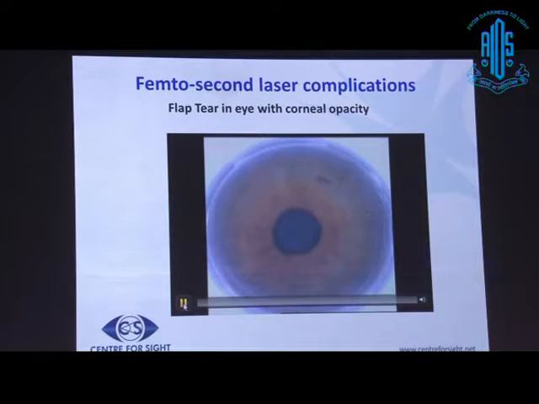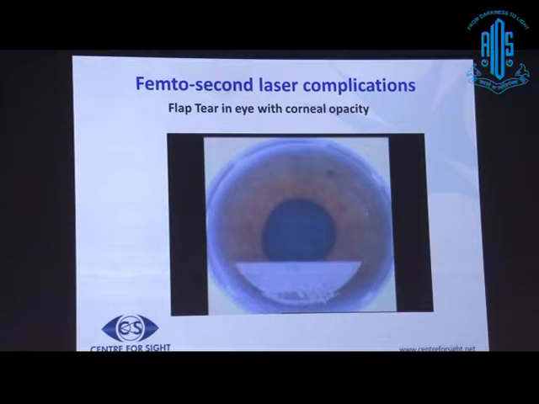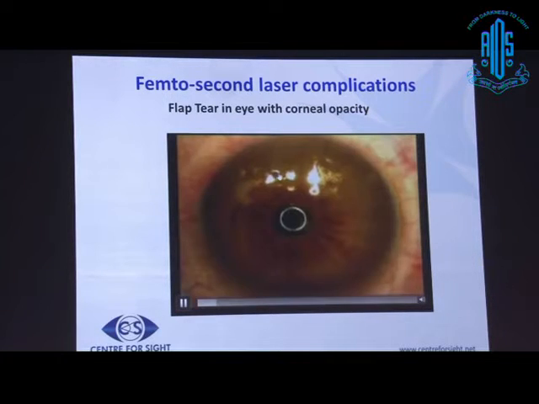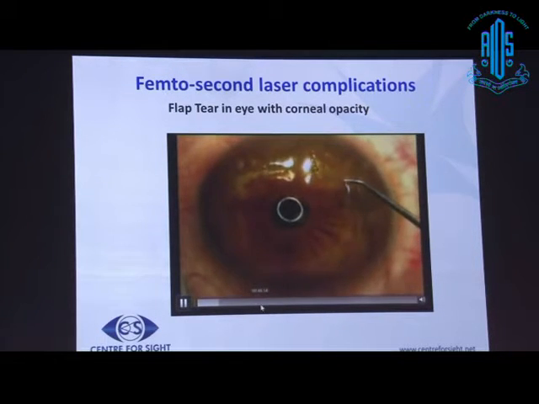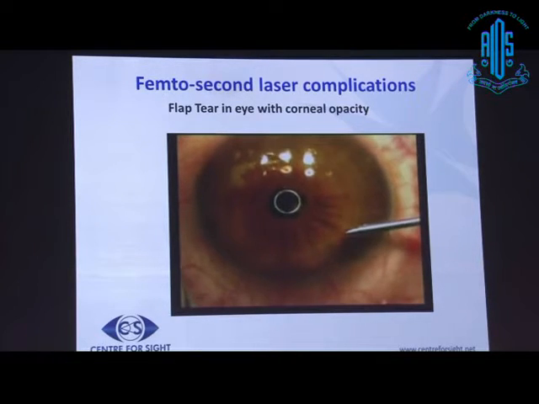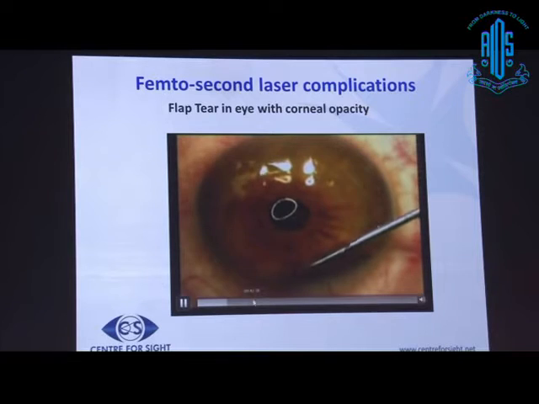Now, the femtosecond laser classically works best in optically clear media. This is a patient who has a small corneal opacity, and like Dr. Chitra had mentioned, that surface ablation is a good procedure for corneal opacity. However, this was a very faint opacity in the periphery, and this led to a vertical breakthrough. So once you lift up this flap, in the area of the vertical breakthrough, you will have a tear.